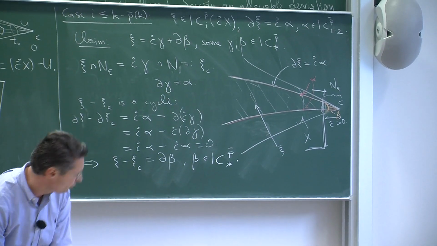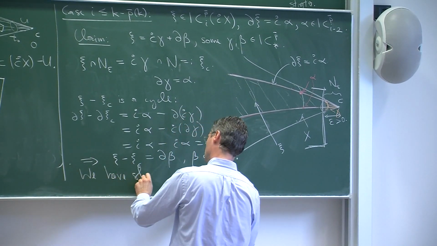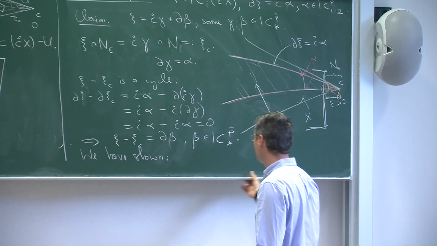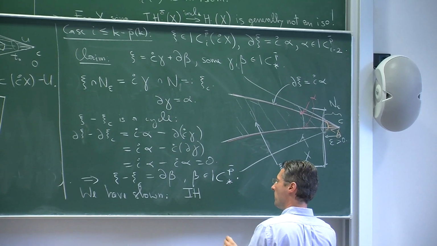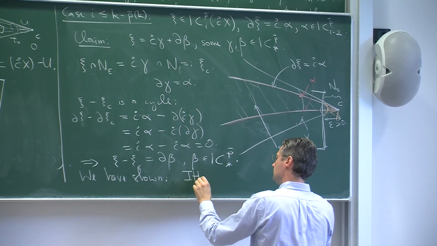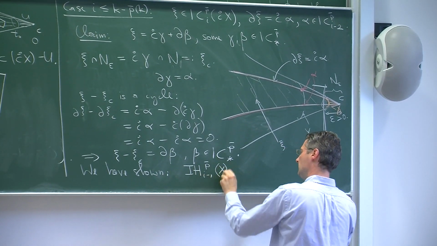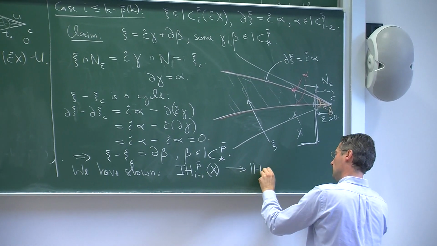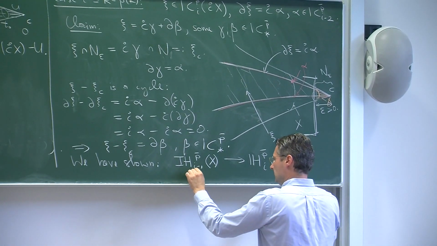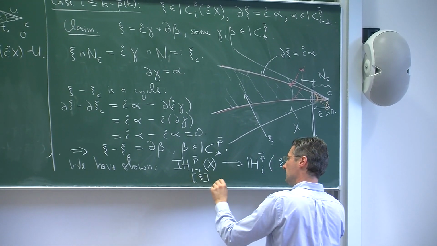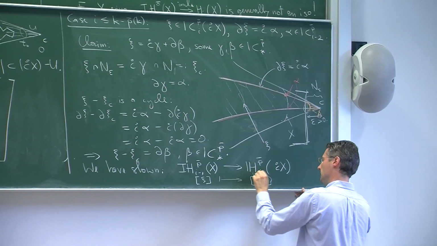And so what we have shown is that if I look at the intersection homology in degree i minus 1 with perversity p of X, and I want to compare it with the ith intersection homology of the cone, then if I take Xi, I can cone the chain to get a chain in here.